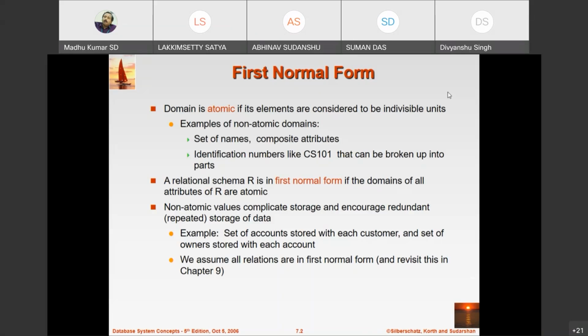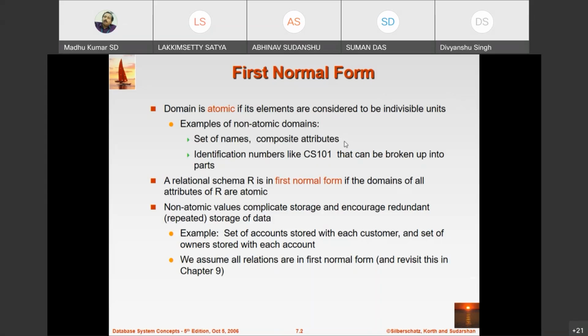There is functional dependency, FD, multi-value dependency, MVD, and another form called join dependency. These are all ways by which we can express the meaning of the data, or how the different columns of a relation are interconnected or dependent.